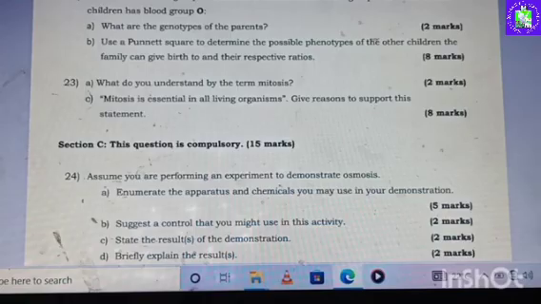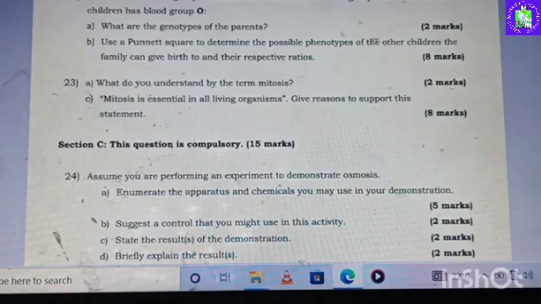Enumerate the apparatus and the chemicals you may use in your demonstration. For that question, you must try to understand the definition of osmosis, because osmosis is the movement of water from the region of high concentration to the region of low concentration.